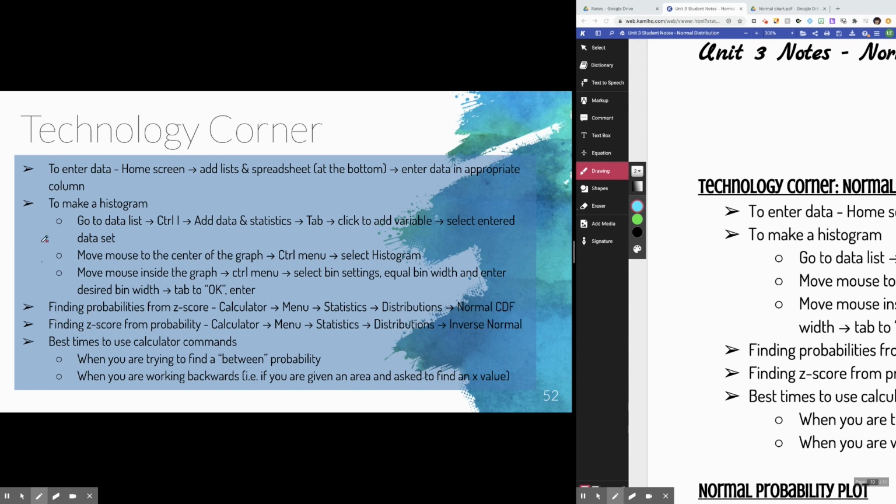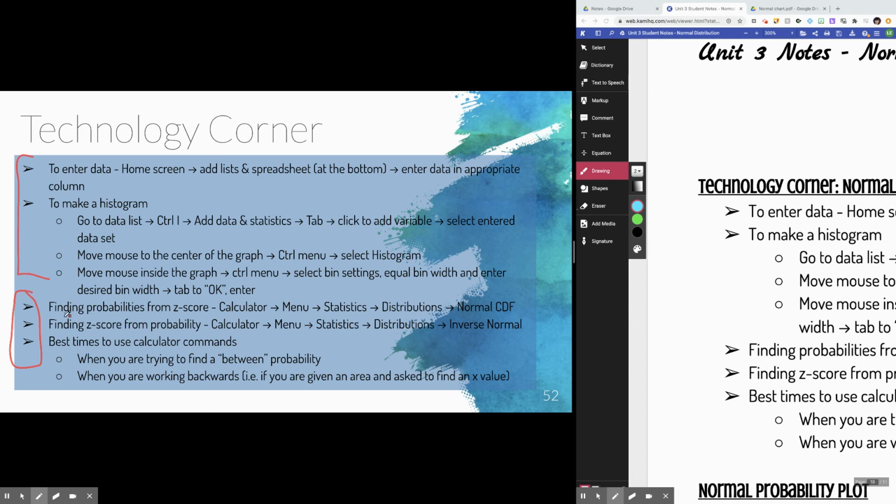There's a couple of extra pieces in the technology corner up here as a reminder of how to create and put data into the calculator and run statistics on it. But what we want to focus on is these right here.